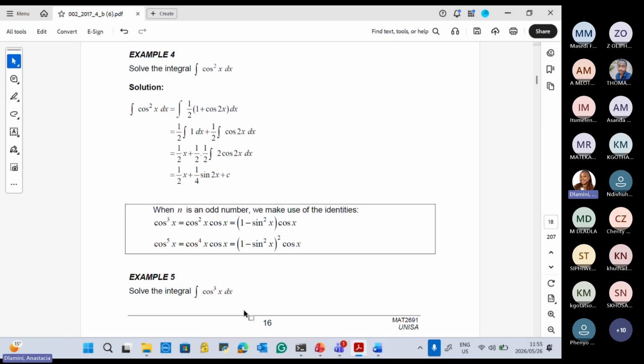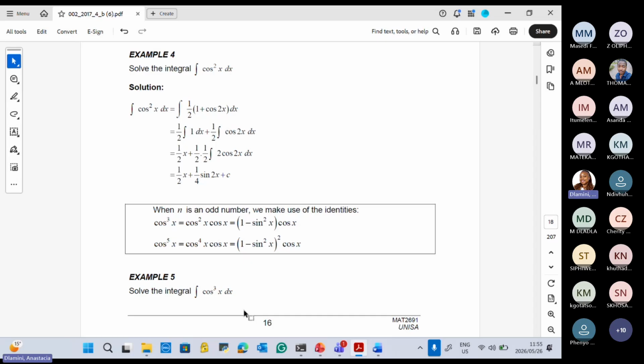Now let's look at n. Do you see that when you have n odd for both cos and sine, you split, one will be made even and the other one odd? The even one, you replace it with the identity 1 minus sine squared x or 1 minus cos squared x. Are we together?